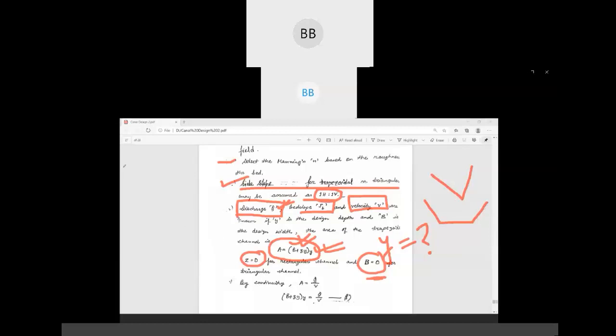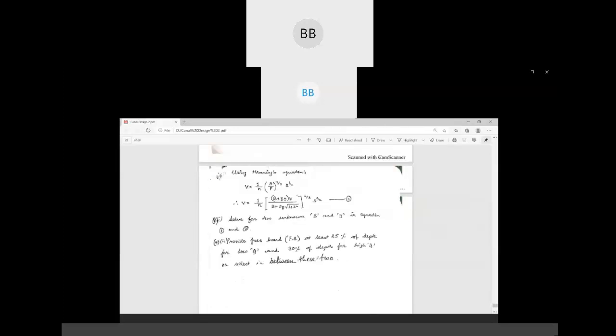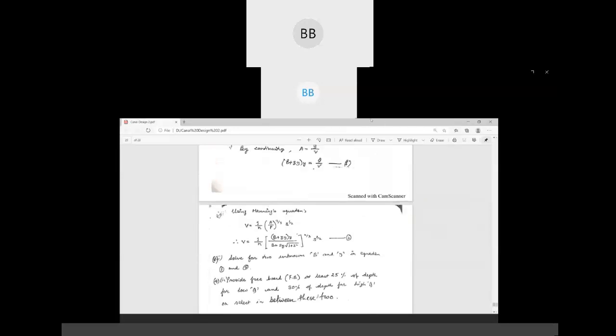Then we use the continuity equation, that is discharge equals area into velocity. As we have already used Manning's equation, using that you can find out the velocity.